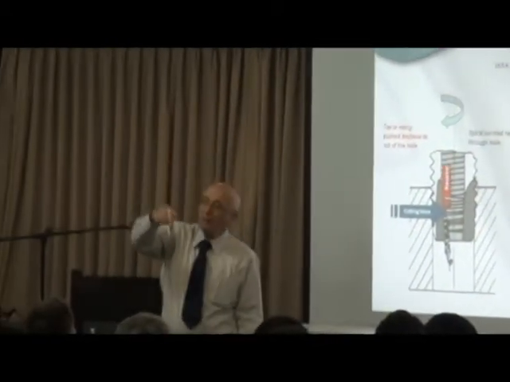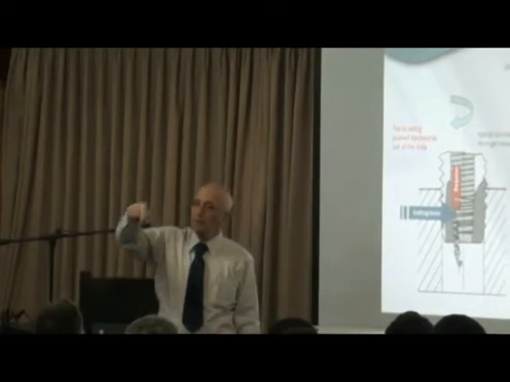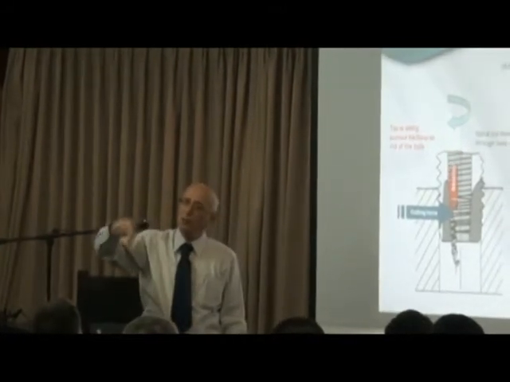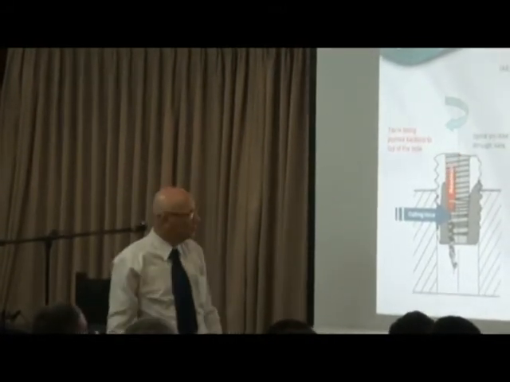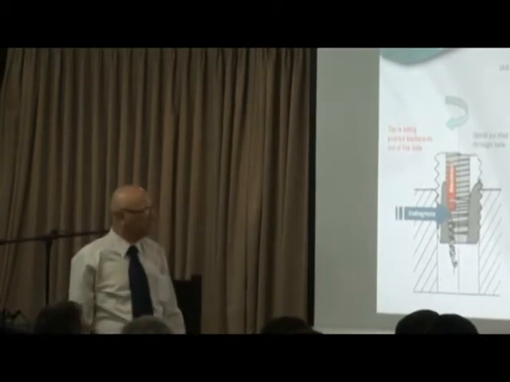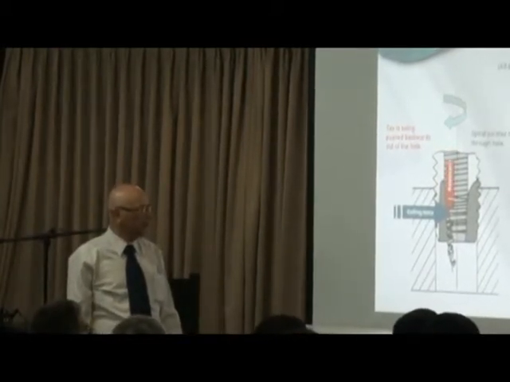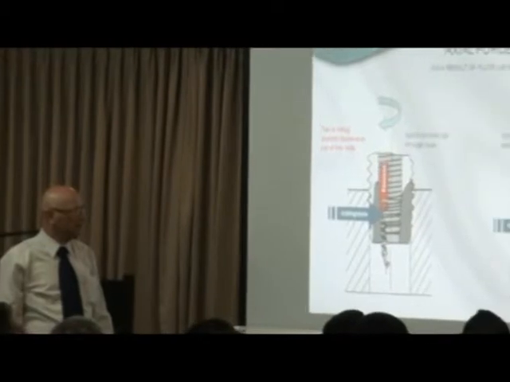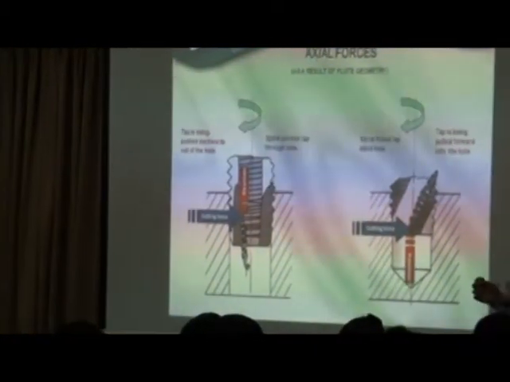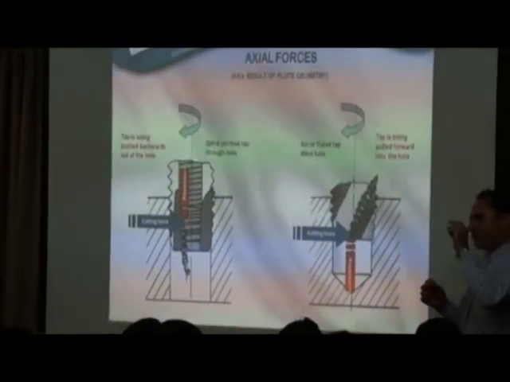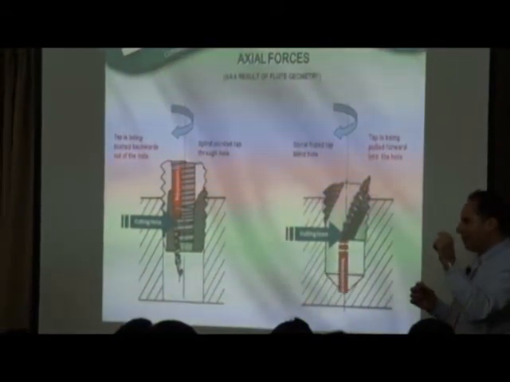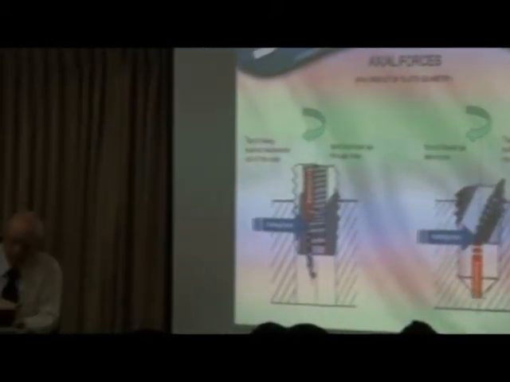We will infeed faster than one revolution, one pitch. Entonces, ¿qué sucede en este caso? Como el macho avanza lo que es un filete, más la fuerza que se le aplique, que está generando axialmente hacia abajo, en realidad no está avanzando un paso, está avanzando más de lo que se le programó en el paso.